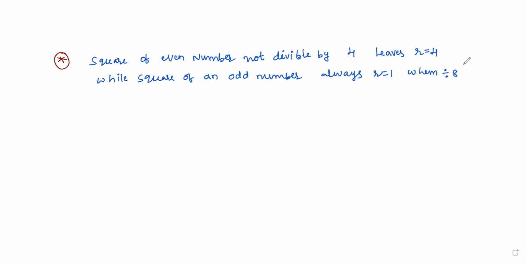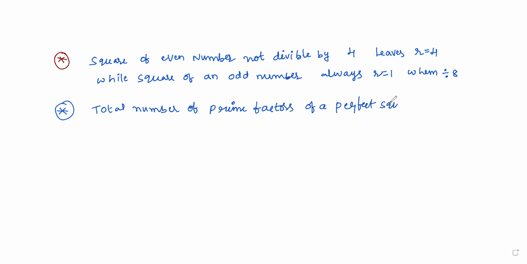This is the one condition. And another condition is the total number of prime factors of a perfect square are always odd.